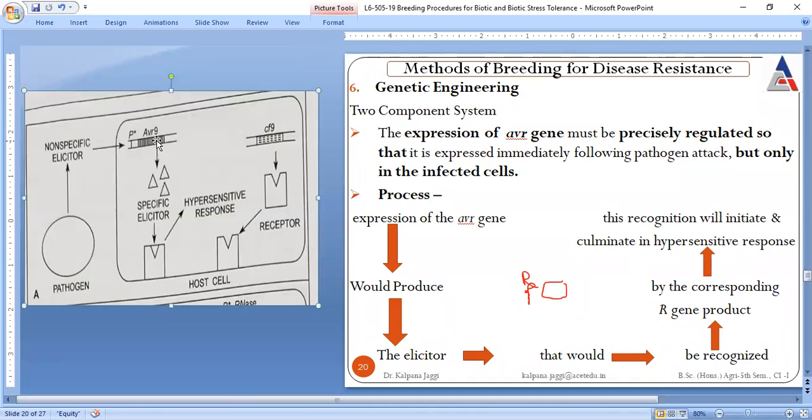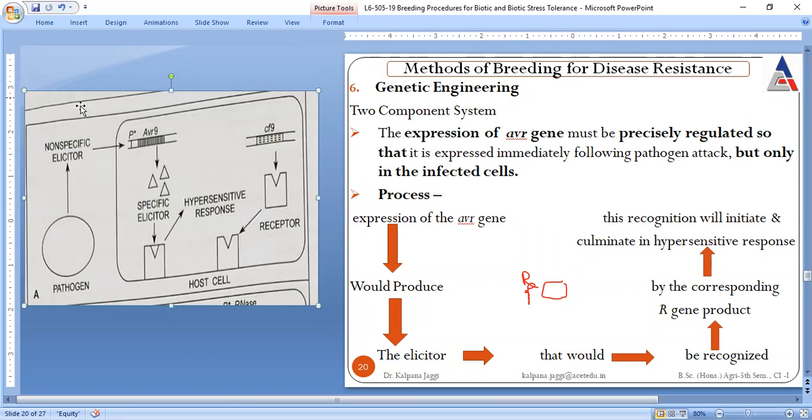As a result, there will be expression of the AVR gene, and this is regulated. It will be brought into the mode of action immediately following the pathogen attack. As soon as the pathogen attacks, it will come into play, right?